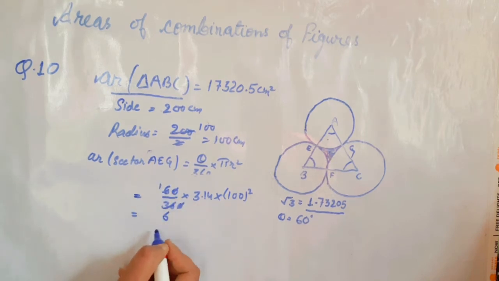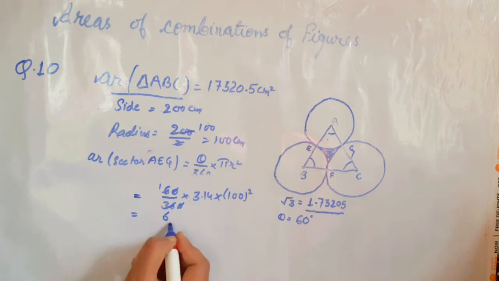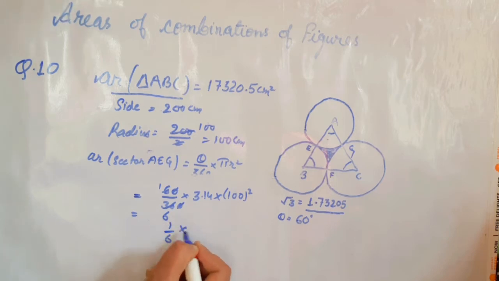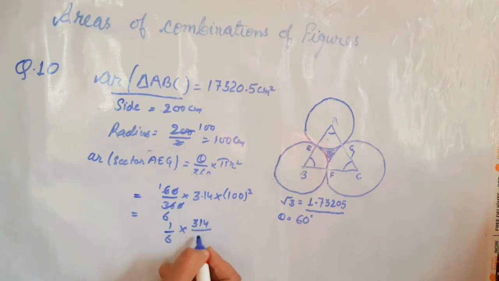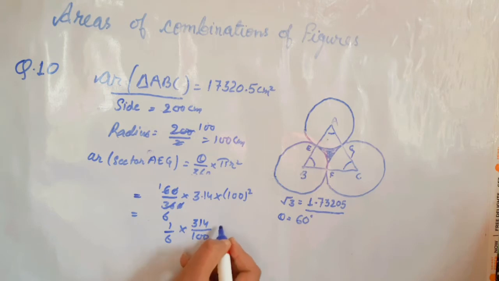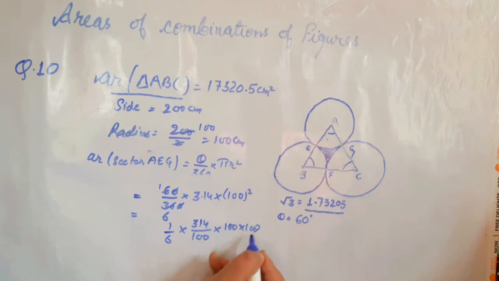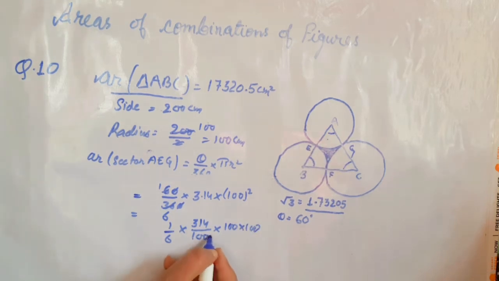This will be equals to 6 1 is 6, 6 6 is 36. Then let us simplify, 1 upon 6 multiplied by 3.14 can be written as 314, remove decimal, denominator will be 100, multiply by 100 into 100, 100 square can be written as 100 multiplied by 100.